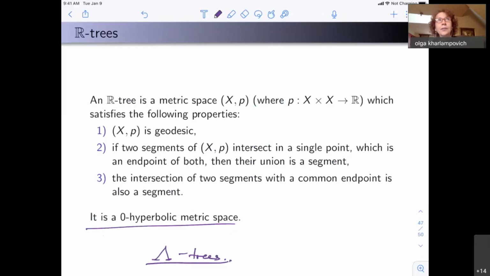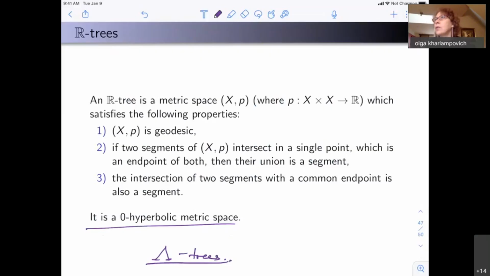So we have a sequence of actions of the same group on a tree. And then there is the Gromov-Hausdorff topology. Often such a sequence of actions converges to an action of this group on an R-tree, on this zero-hyperbolic metric space.